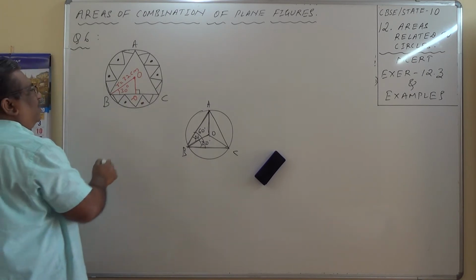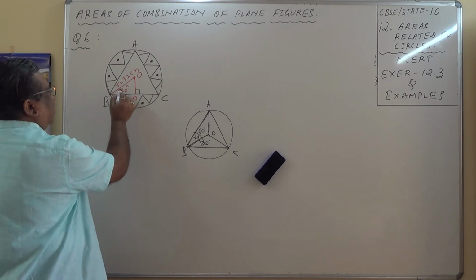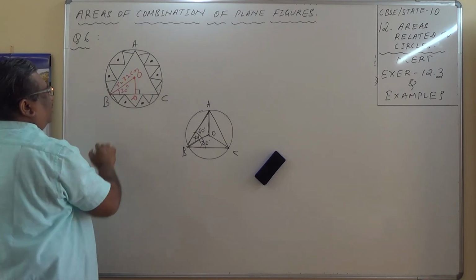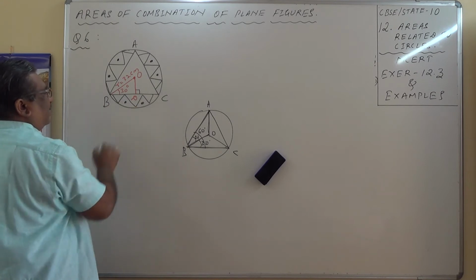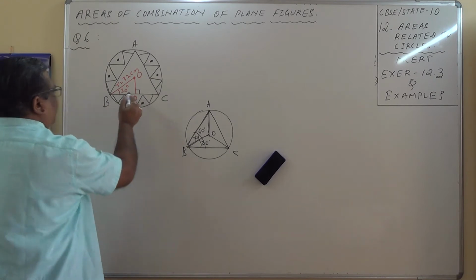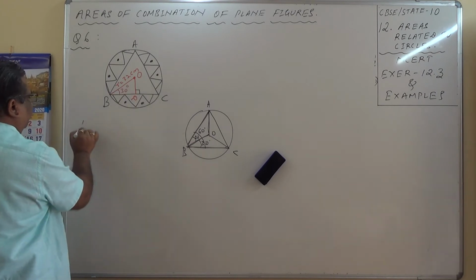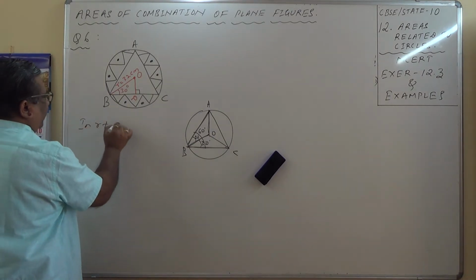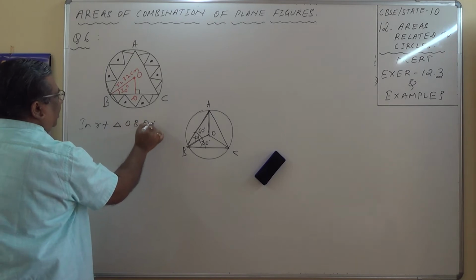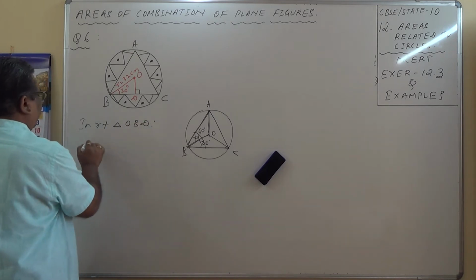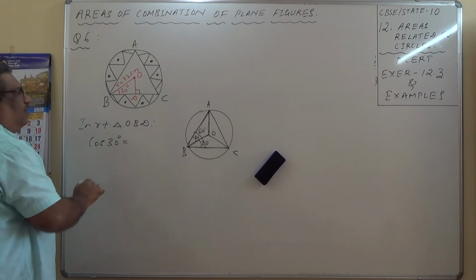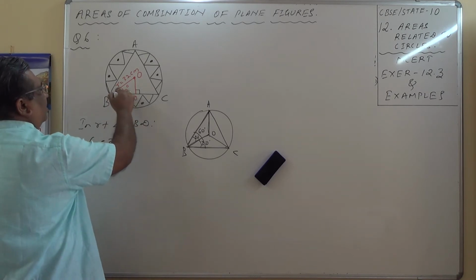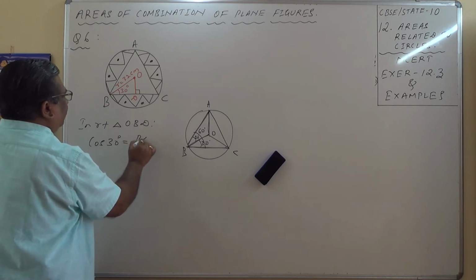So what we'll do, we'll calculate BD here. The angle we know is 30 degrees, R is equal to 32, and BD we can calculate, and BC is equal to 2 times BD. In right triangle OBD, cos of 30 degrees is equal to BD by OB.